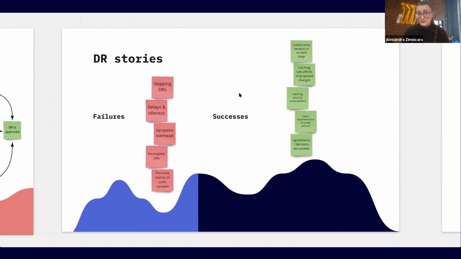So what happens if the DR is skipped and then later on we realized it shouldn't have been? Usually we end up with either cryptic or really huge PRs, which sometimes evolve directly from proof of concept branches and which are hard to understand from a reviewer's perspective. PR descriptions can help here, but at that point, what you see as a reviewer is only the code outcome of a complex thought process that went into the solution.